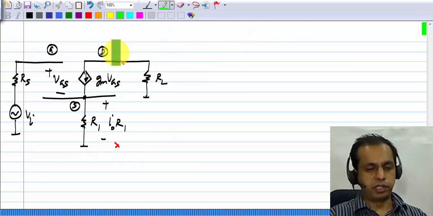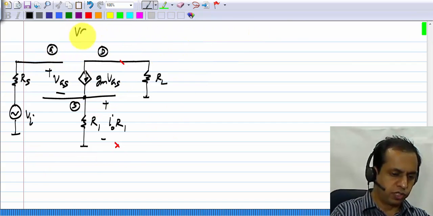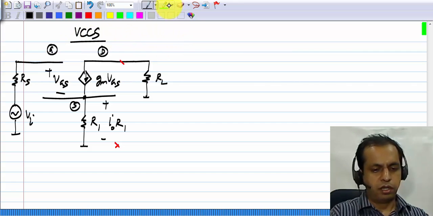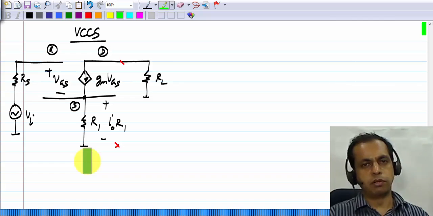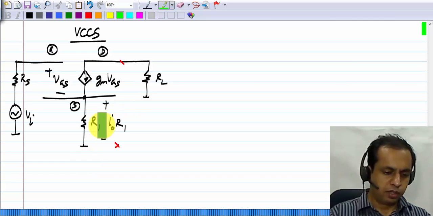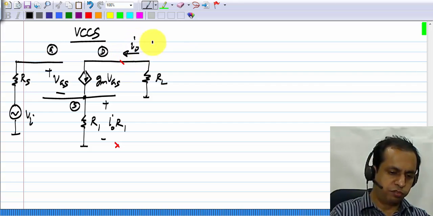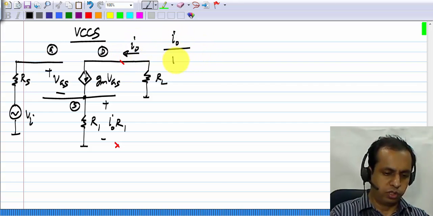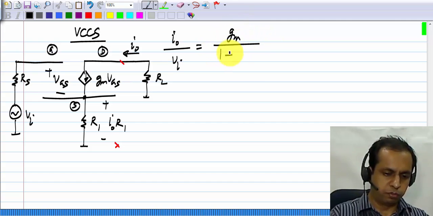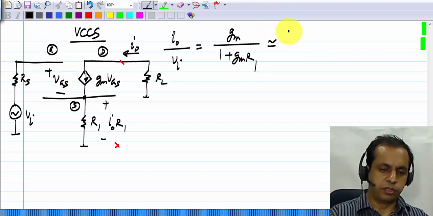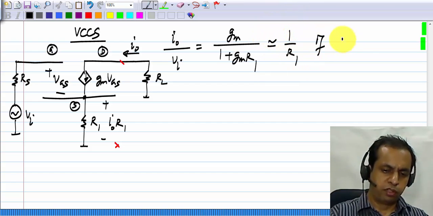This is our implementation of the voltage controlled current source. Again, we have implemented the small signal incremental picture, then we'll combine this with some biasing arrangement. Okay. What do we have here? The ratio of output current to the input voltage is GM by 1 plus GM R1, which reduces to 1 by R1 if GM R1 is much more than 1.